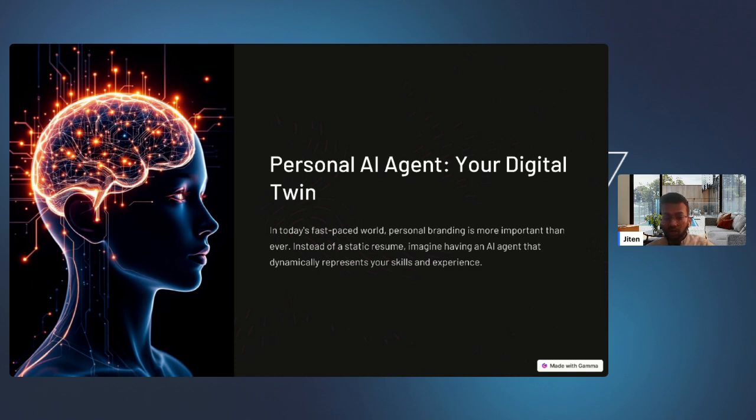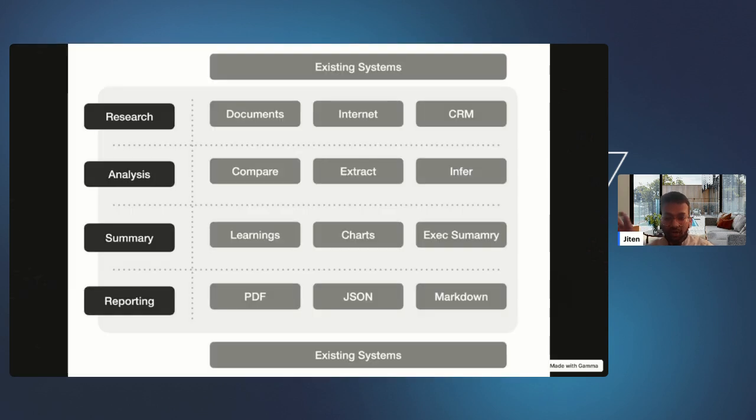Let's start with how you can create your personal AI agent. Let's go to the next. If you're creating an agent, your AI agent should know what things you should provide. Your AI agent should first do research. Let's suppose you're asking questions about your coding, or about your PhD thesis.